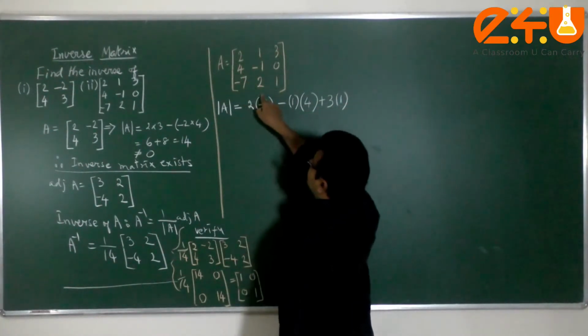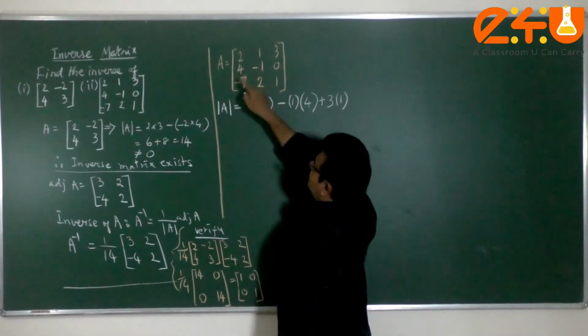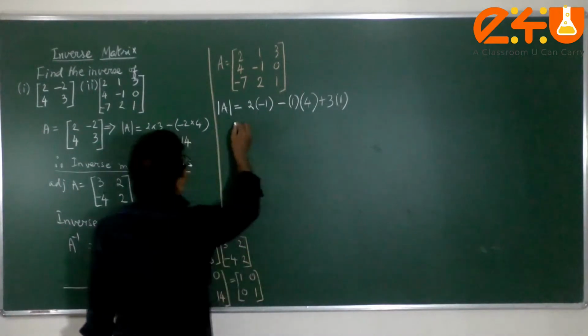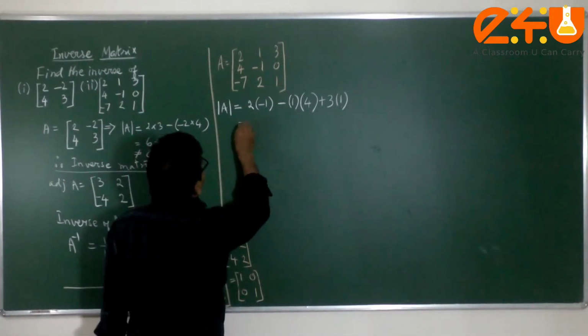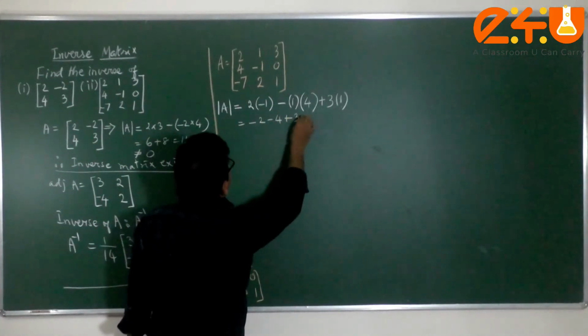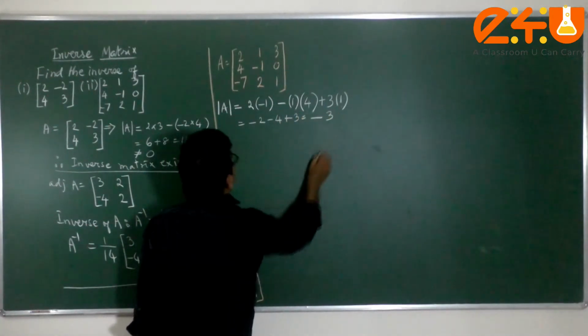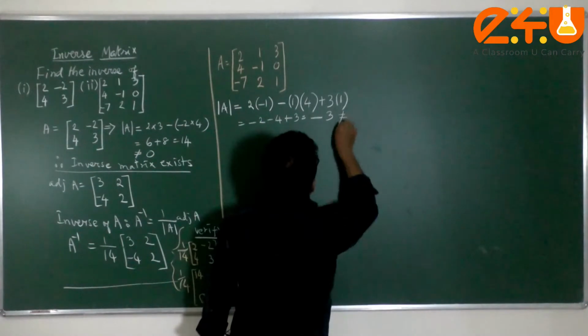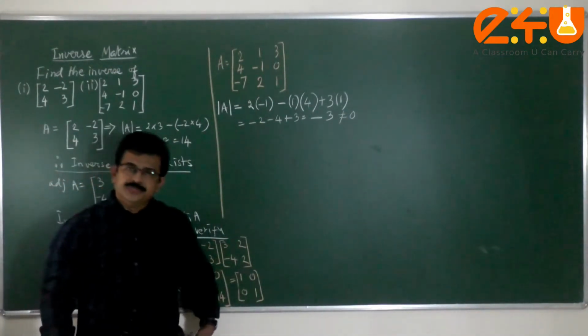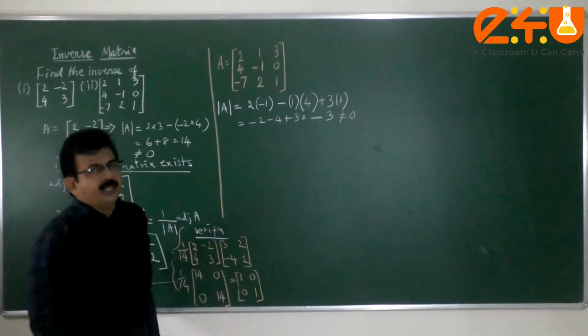It is 8 minus of minus into minus, so minus 7. We will proceed to the answer. It is negative 2, negative 4 plus 3. Answer: minus 3. Anyhow, we are happy that the determinant is not 0, hence non-singular.